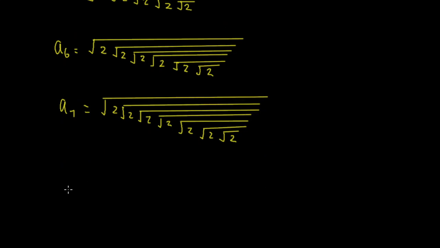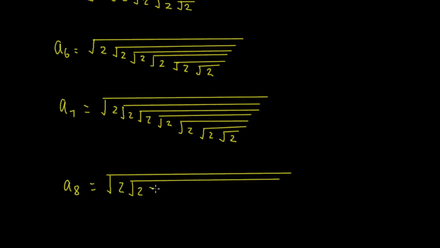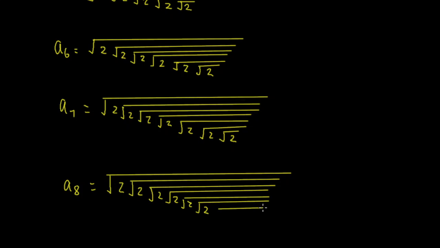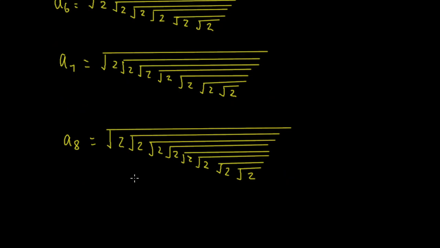So what's a sub 8 going to be? It will be square root of 2 times itself eight times: 1, 2, 3, 4, 5, 6, 7, 8. So basically, whatever this subscript is, that is how many 2's we have here.